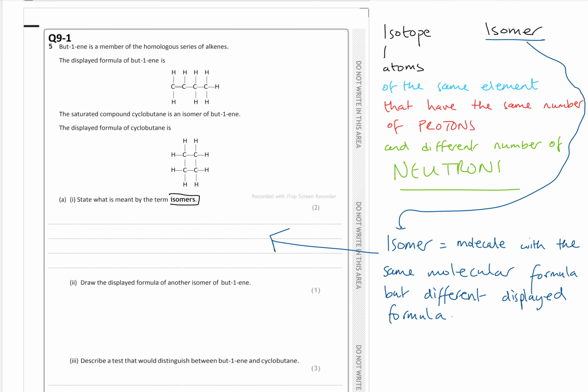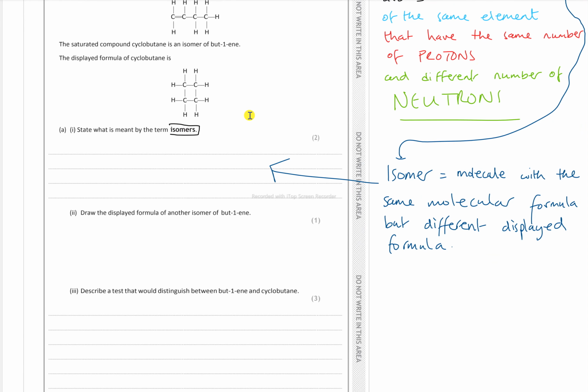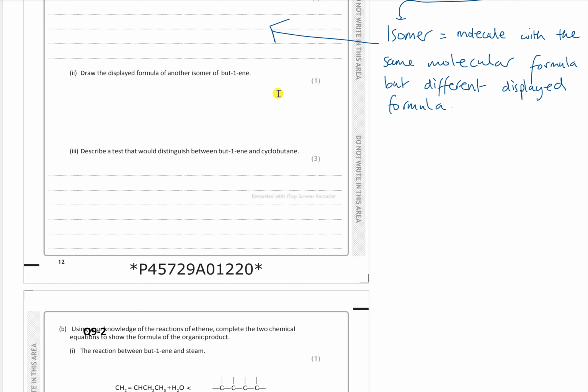Right, what else can we do here? Draw a structure of butene. But tells us it's got, let's do this, Monkeys eat peanut butter. Meth, eth, prop, but. 1 carbon, 2 carbon, 3 carbon, 4 carbon. So we need 4 carbons.